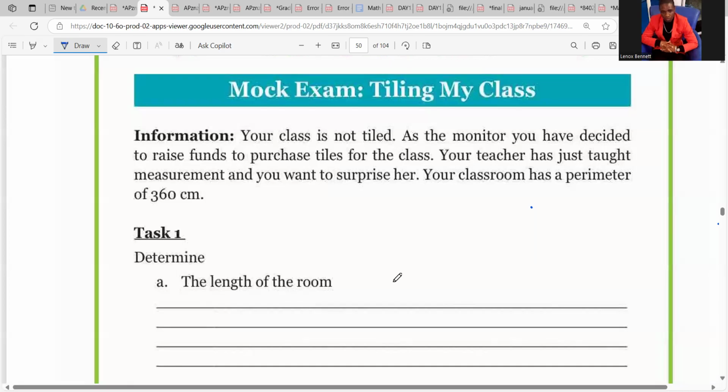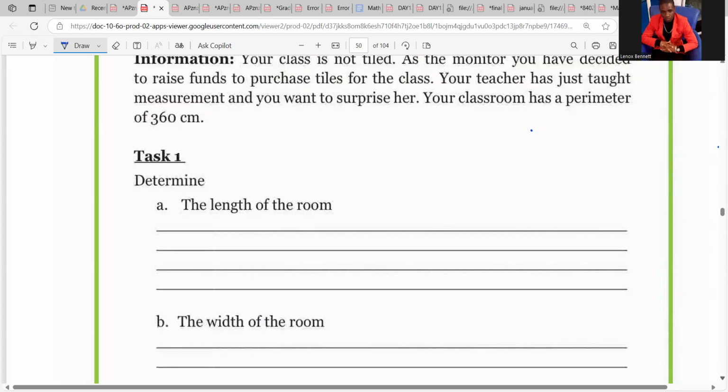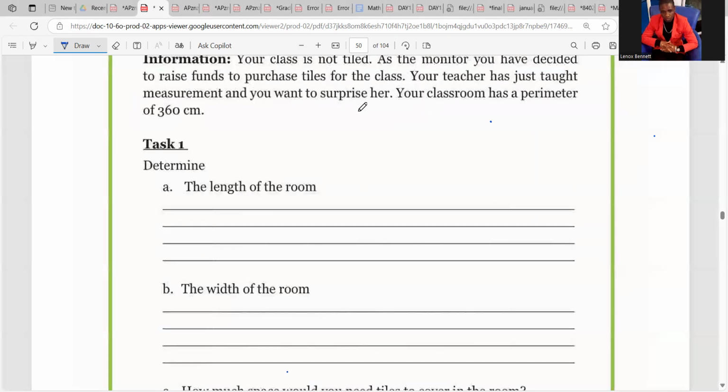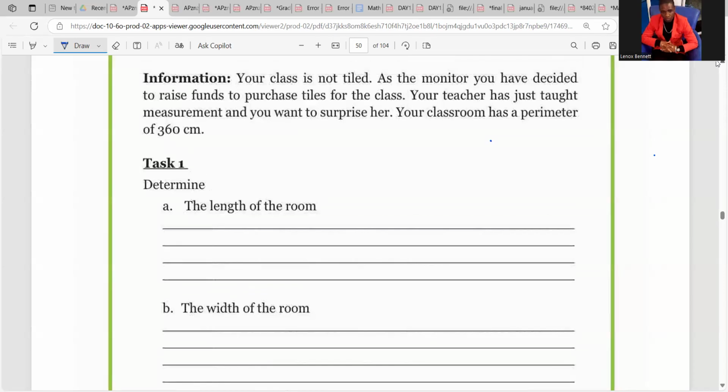Let me just show all of these tasks, because it's really the length and the width. But please ensure that the perimeter is 360. So whatever dimension they give you, you have to put that. Make sure that information is correct. All right, so you can go ahead and complete that task.